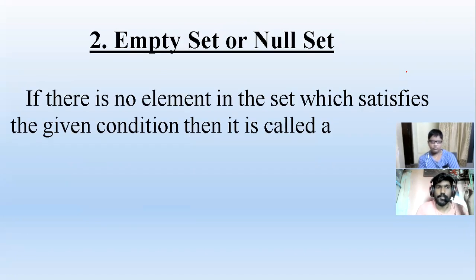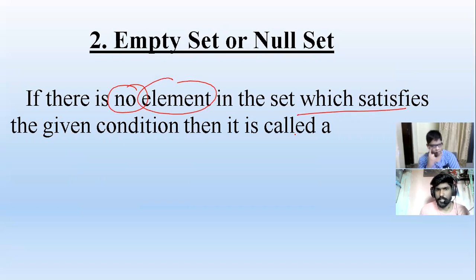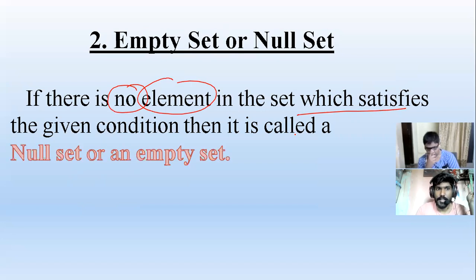Next is the empty set or null set. What does this mean, empty set? What should be inside the set? There will be no elements here. No elements in the set. Correct. If there are no elements in the set which satisfy the given condition, then it is called a null set or empty set.